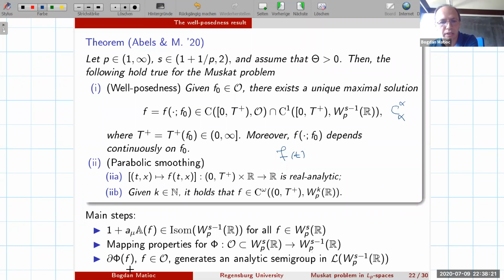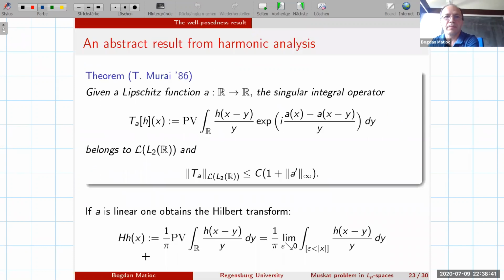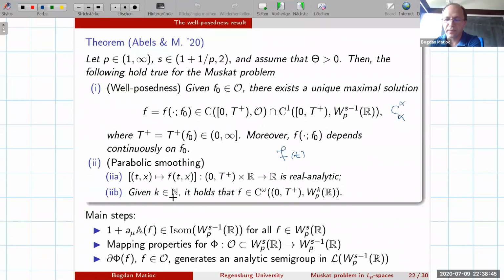O is here not important. And then the last step is to show that the Fréchet derivative at f, when f belongs to O, generates an analytic semigroup in this space. And this is the only place where one needs the Rayleigh-Taylor condition. So I will say something on each of these three points.